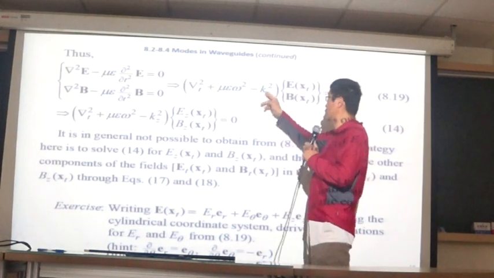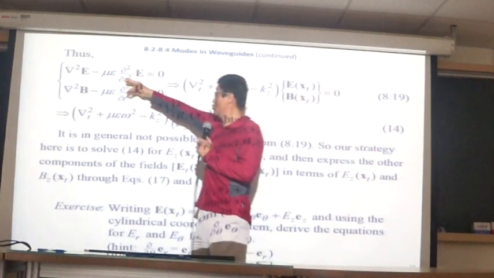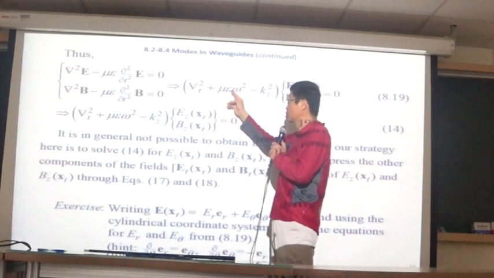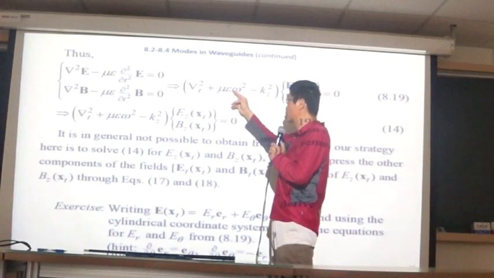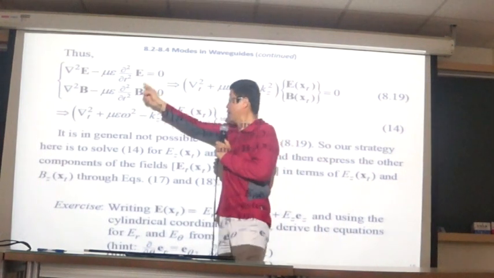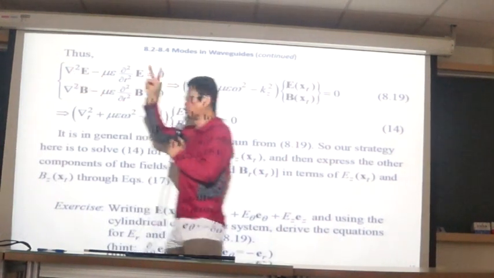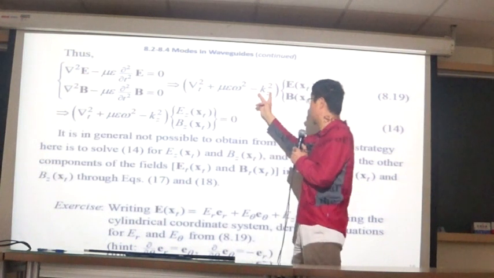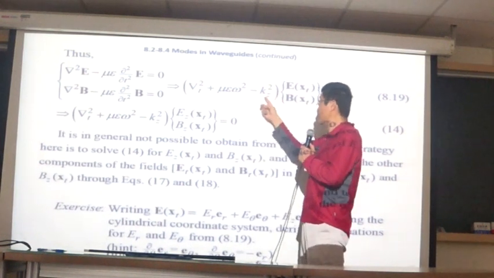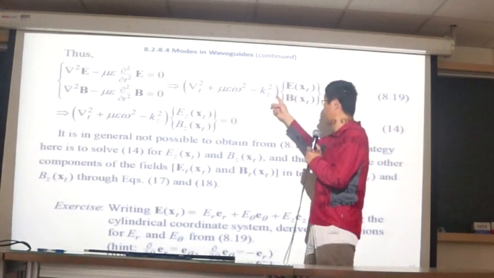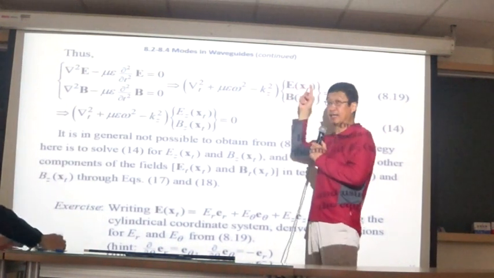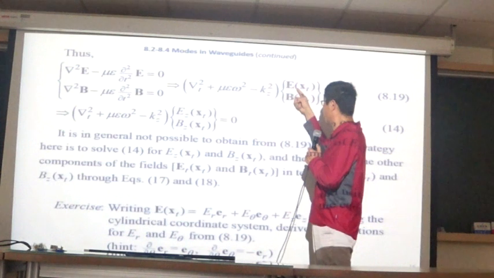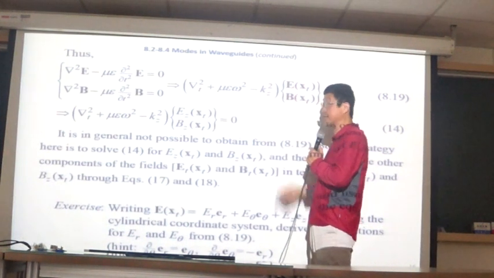Because of this one, we have minus sign omega squared. So give us this one. And this one separates into two parts, transverse and KZ. Okay? So this is EX, EY, and EZ. Remember, EX, EY, and EZ.